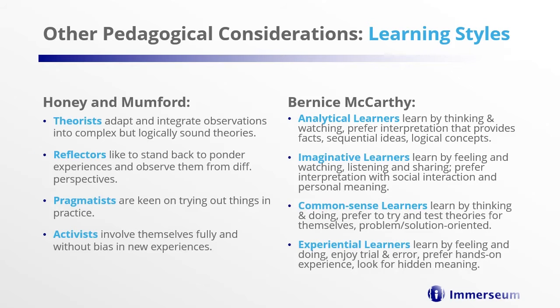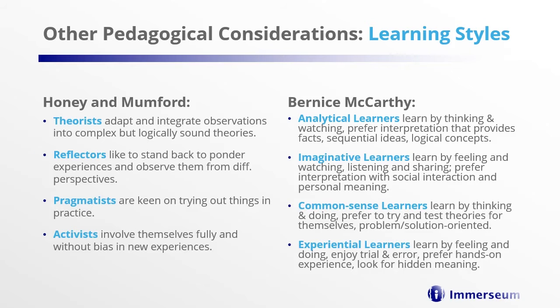A second taxonomy of learning styles that is incredibly useful is actually from the world of museums. And it's from Bernice McCarthy, who, if I recall correctly, was at the V&A, the Victoria and Albert Museum in London for many years. And she divides them into analytical learners, imaginative learners, common sense learners, and experimental learners. And this reflects how people build their knowledge, particularly within a museum context.